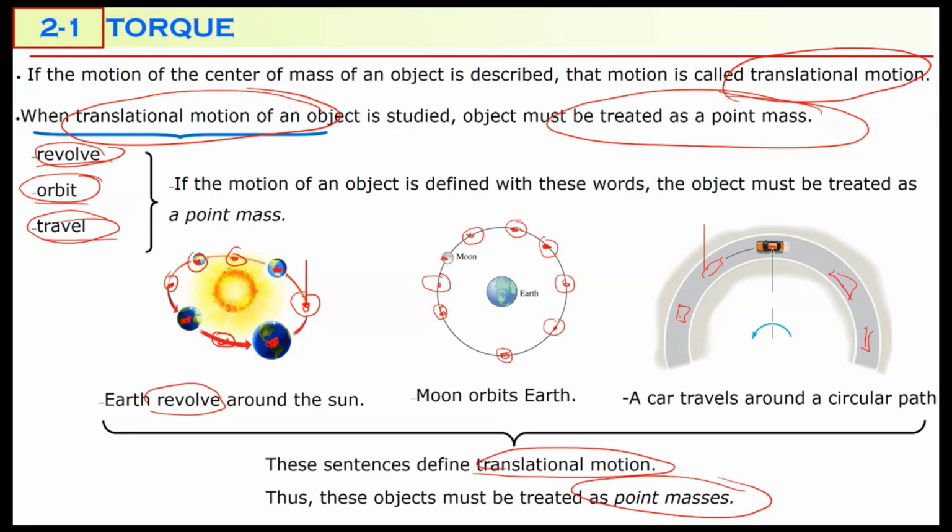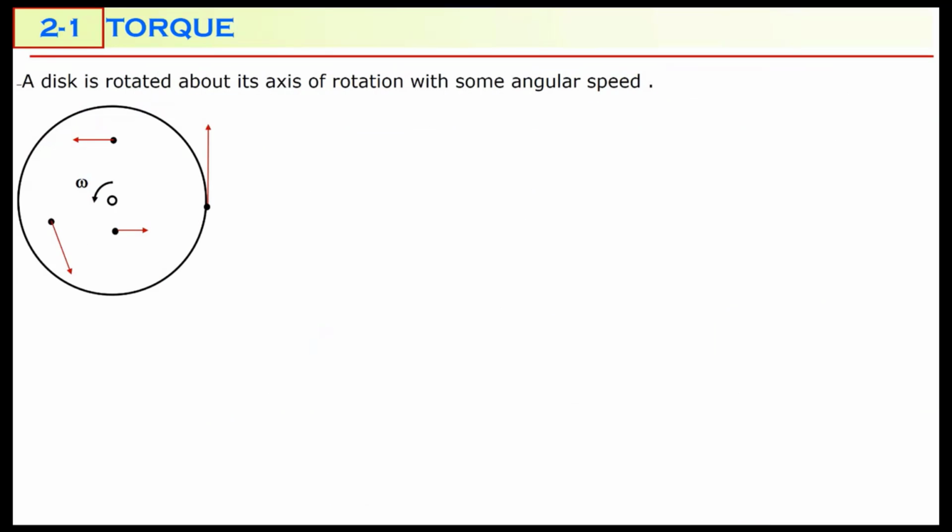Of course, we have to define one more thing: extended object. Sometimes, in some cases, you have to treat an object as an extended object. Assume it's a disk, and this disk is rotating about its center. This is the axis of rotation.